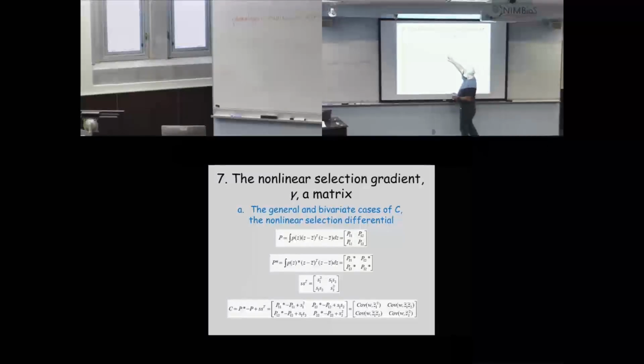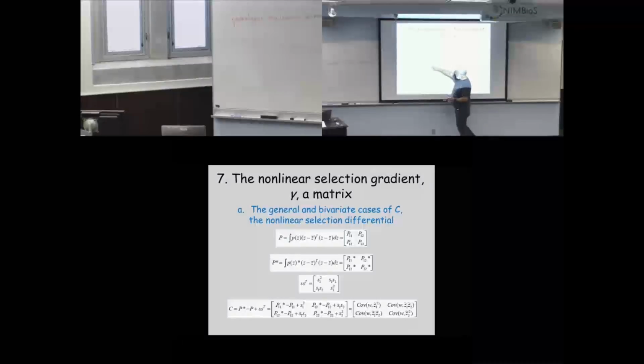So that's a completely normal expression for a variance or a variance covariance matrix. And so here's P star, just the change, using the frequency distribution after selection. We have the matrix version of our correction for the effects of directional selection. And at the end of a little bit of algebra, we can show that, not a surprise, C is a covariance matrix.